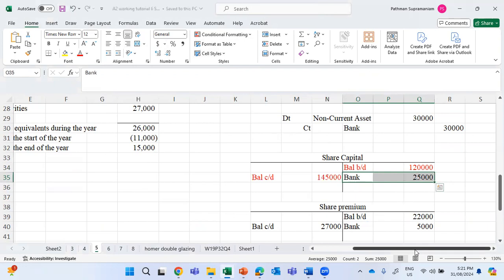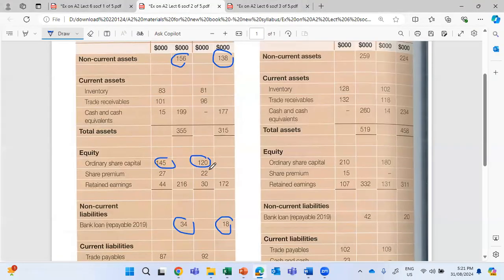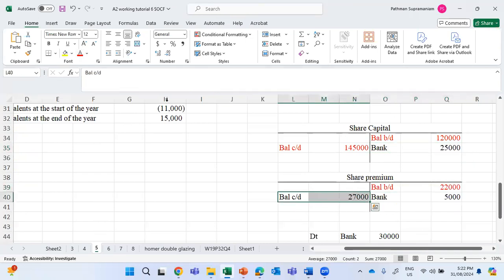So you need to check the share premium account as well. If you check the share premium account, the amount has increased from 22 to 27. The balance brought down is 22, the balance carried down is 27, so that's an increase of 5,000.